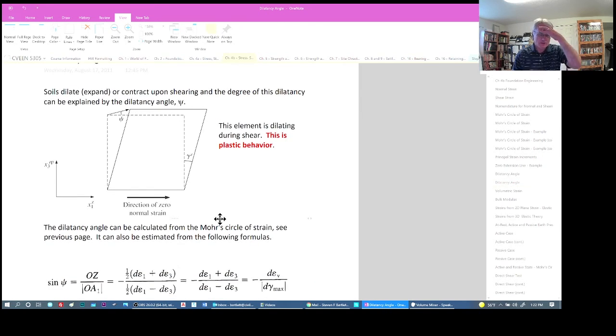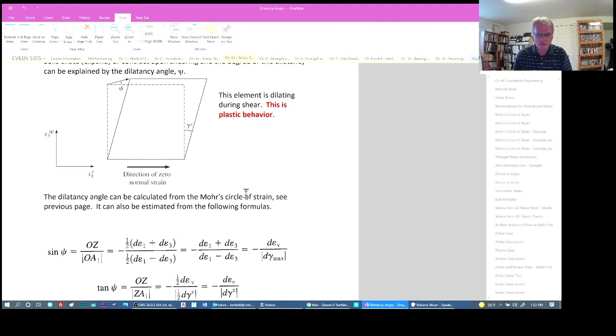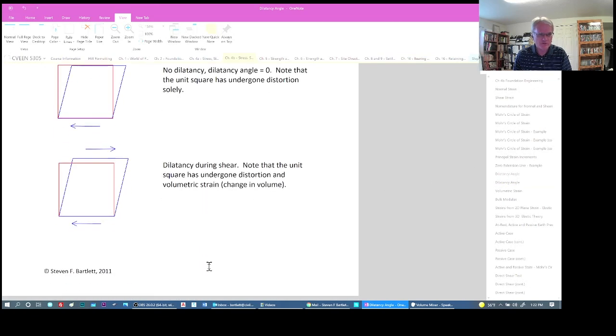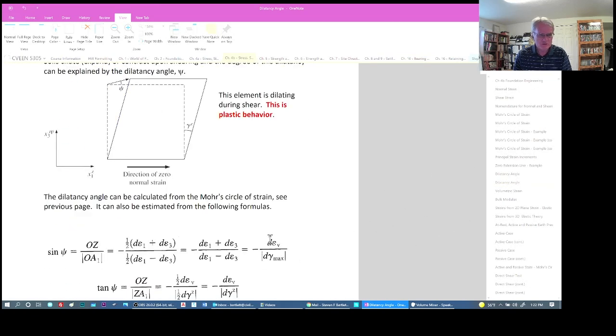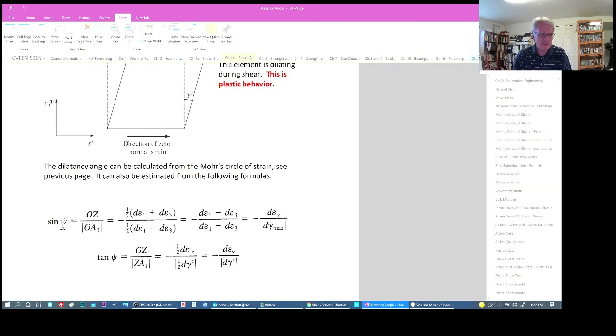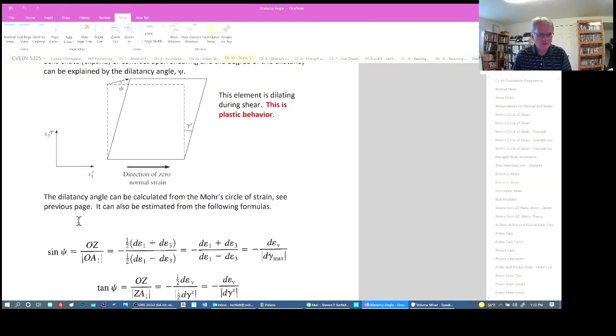So that angle, if we look at just the definitions from geometry, is OZ divided by the absolute value OA. So the sine of psi, the dilatancy angle, is OZ divided by OA1. So sine of this angle would be side opposite over hypotenuse, side opposite here over hypotenuse.